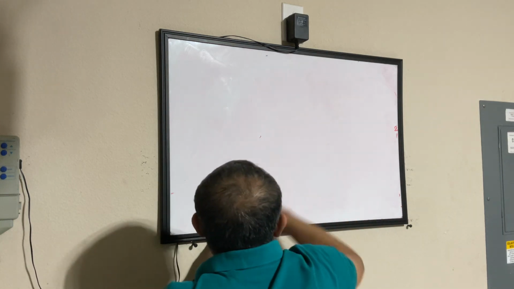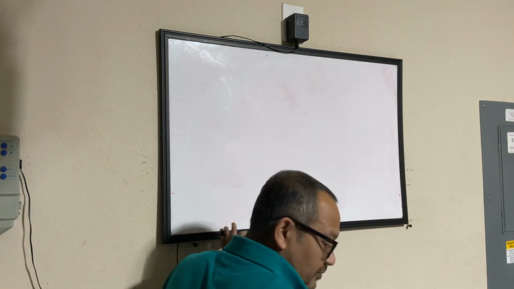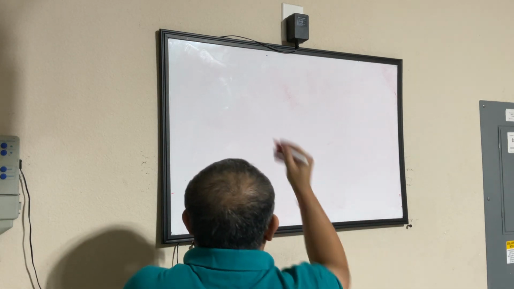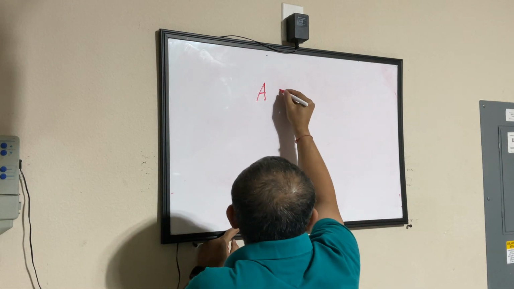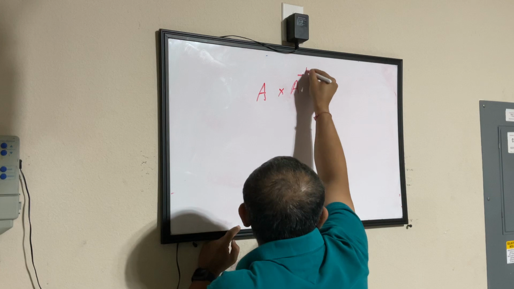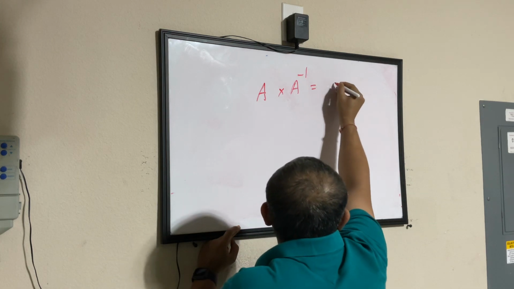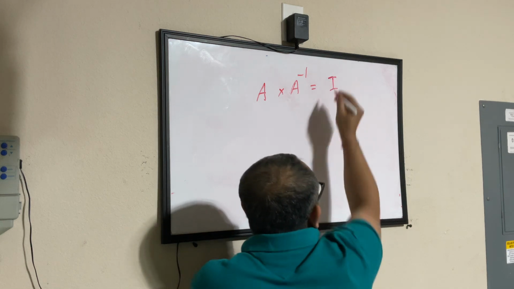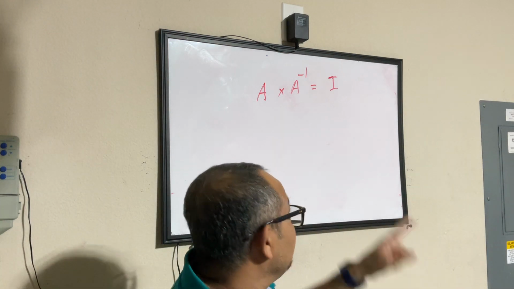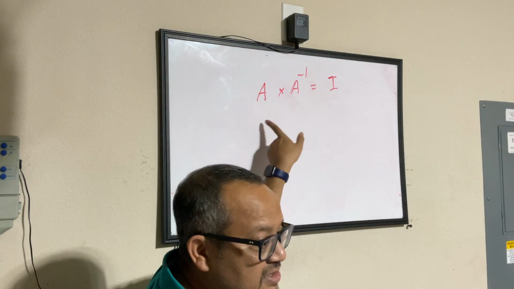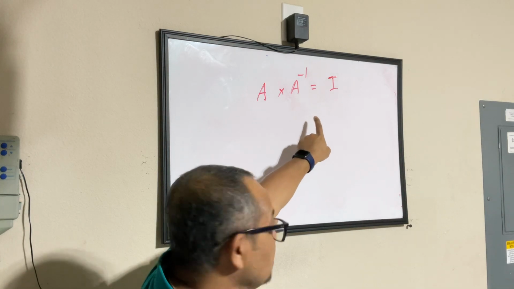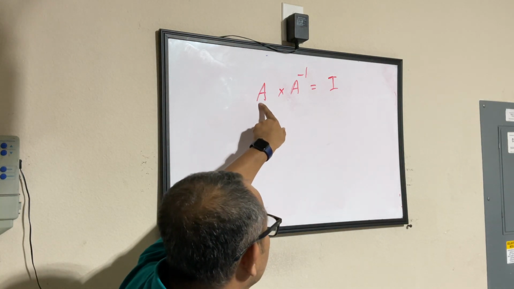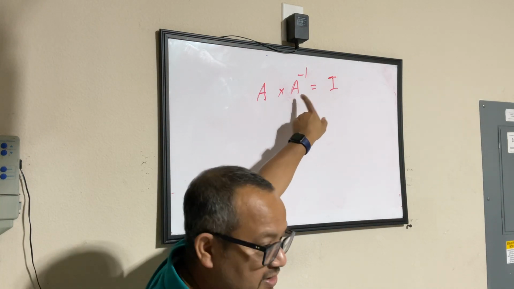We have one understanding that if I have a matrix A and if I multiply that with the inverse of the matrix A, I will get an identity matrix. And the dimension of the identity matrix will be derived based on the dimensions of your original matrix and the inverse of it.